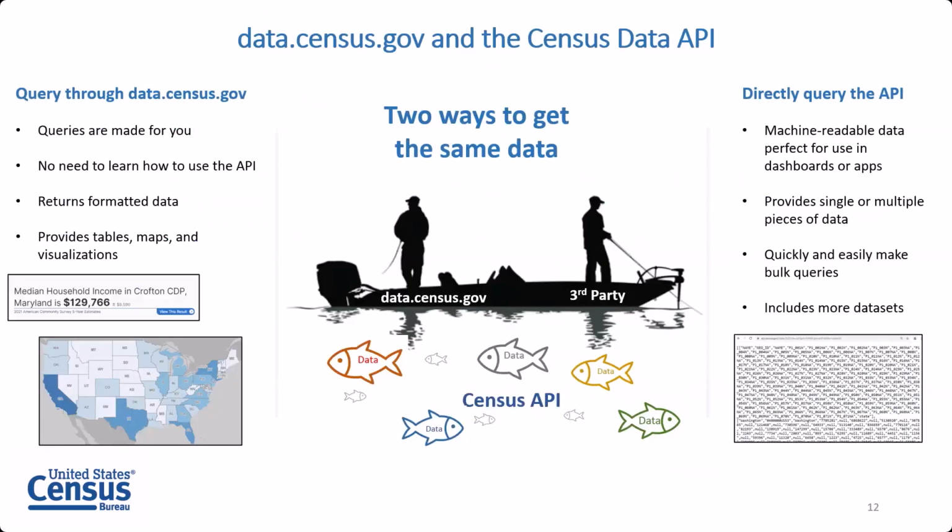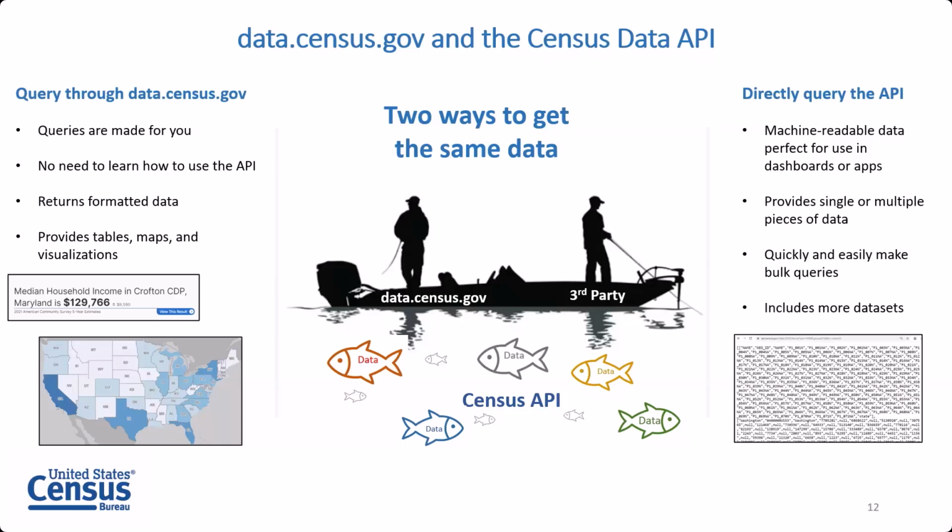I also wanted to explain a bit more about the relationship between data.census.gov and the API. To explain this relationship, I have an analogy here. What I have here is this Census API pond with all of these data fish swimming around in the API pond. And then we have a fishing boat there with two occupants in the boat doing some fishing. One occupant is representing data.census.gov, while the other is representing a third-party user. Let's first talk about the data.census.gov occupant here.